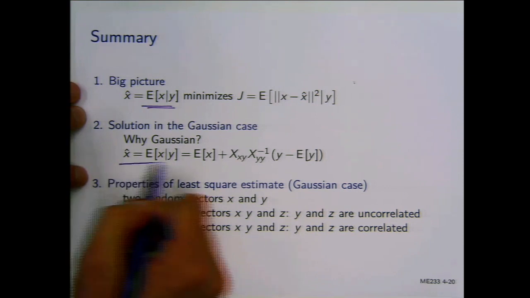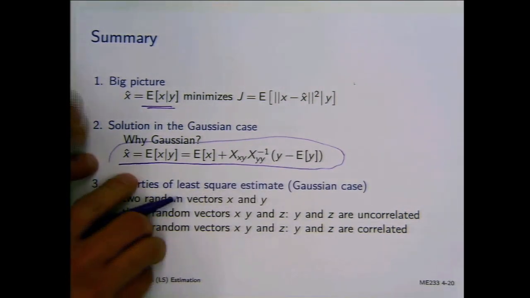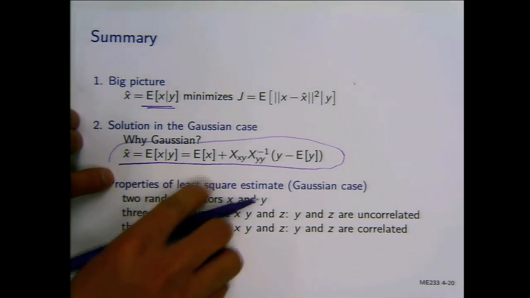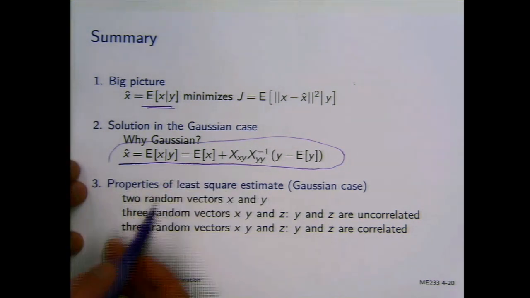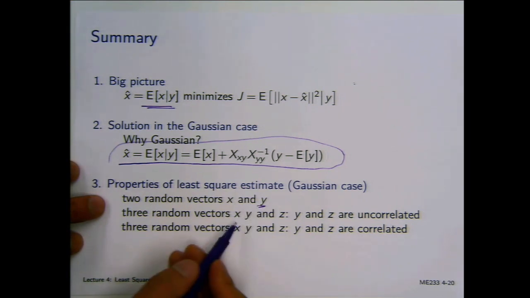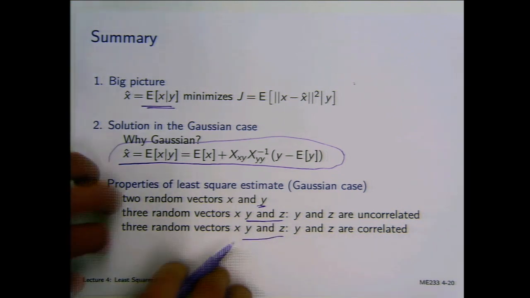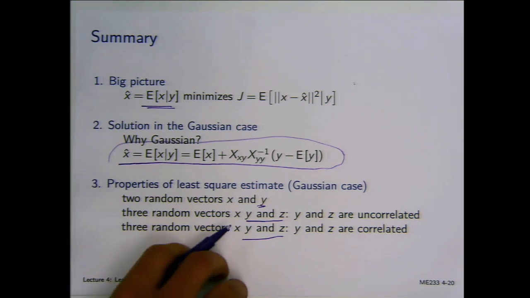We arrived at this central equation, the conditional mean equation. Then we discussed different cases. If I just have one measurement, what will the result look like? If I have two independent measurements, what will it look like? And if I have two correlated measurements, how will the results look like?